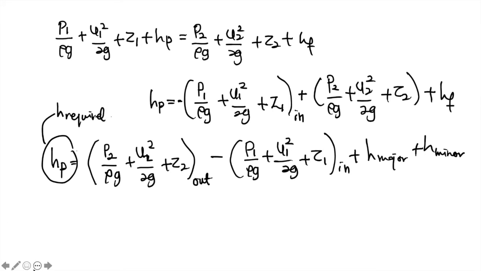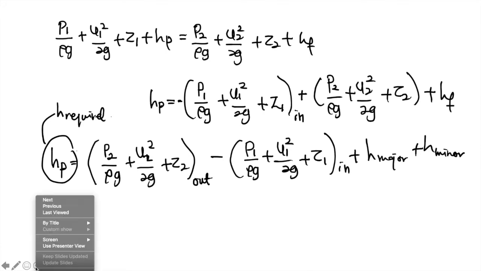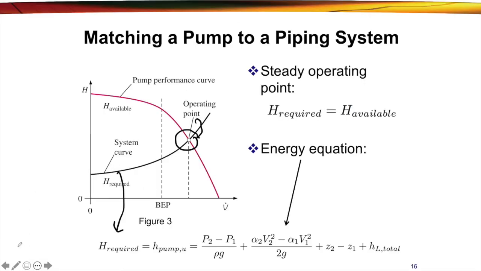You may pause this video in order to take note of this equation. Now, you do not have to worry, because if you refer to this equation, we have alpha 2 and alpha 1.